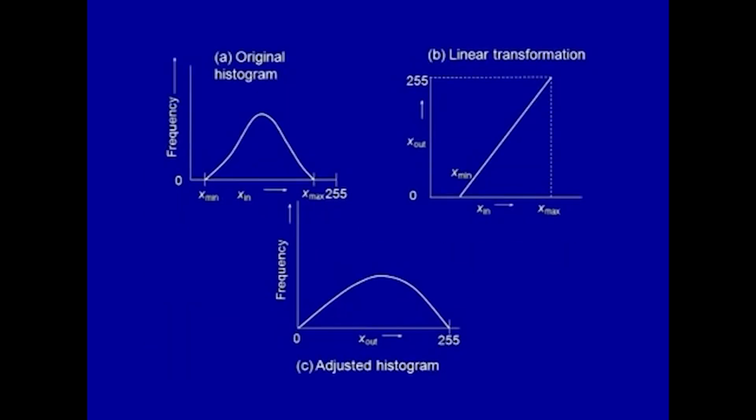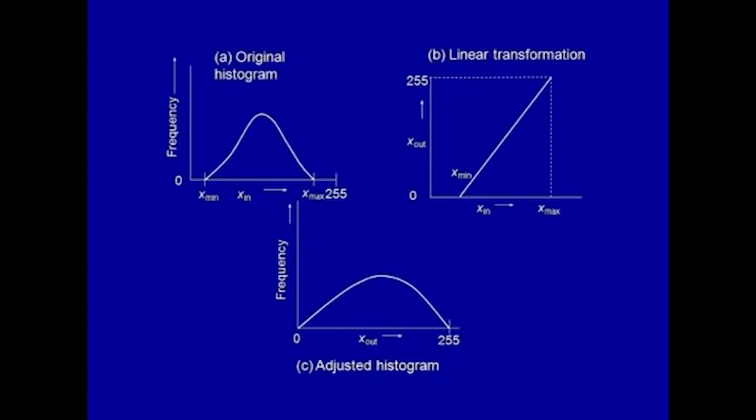Here in this particular slide, a graphical representation of min max stretch has been provided. We can see that the original histogram has been drawn with the brightness values plotted against the frequency, and we find that the x_min, that is the minimum value of the histogram, is not coincident or equal to 0 of the brightness scale.